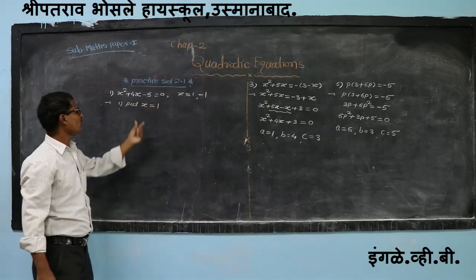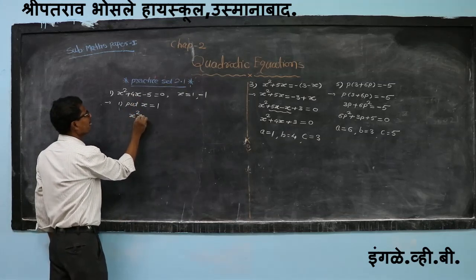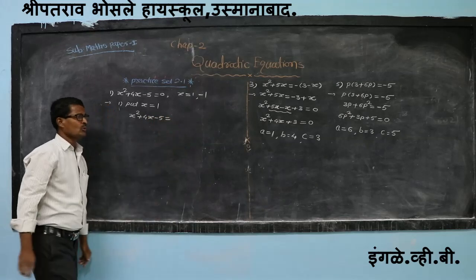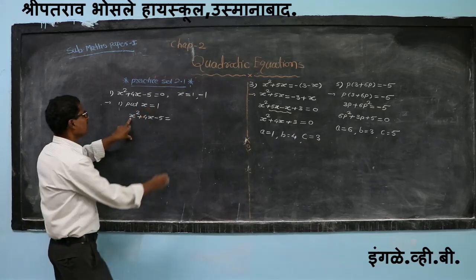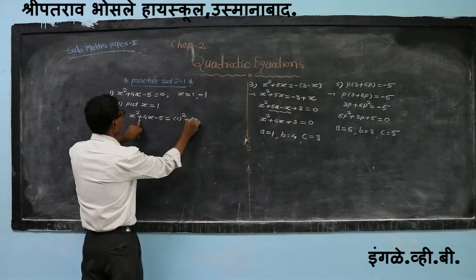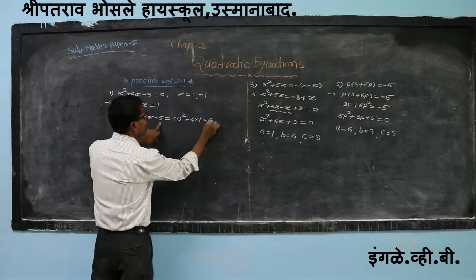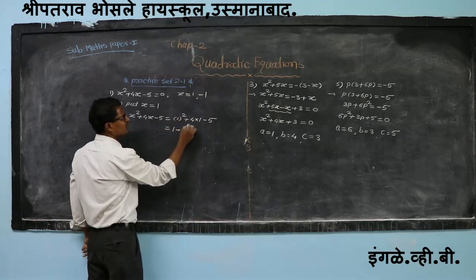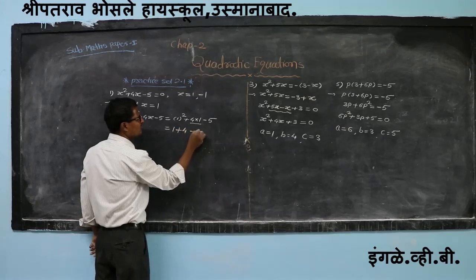First we have to put the value of x as 1 in the given quadratic equation. x square plus 4x minus 5 is equal to, now we put the value x is equal to 1 in the equation. 1 square plus 4 into the value of x, 1, minus 5. 1 square means 1, plus 4 multiplied by 1 is 4, minus 5.